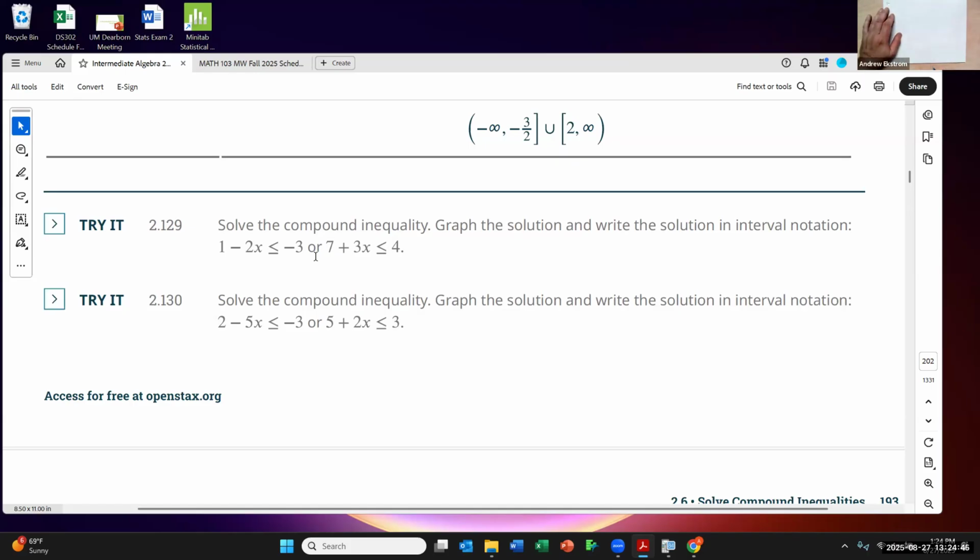So 1 minus 2x is less than or equal to -3, or 7 plus 3x is less than or equal to 4.